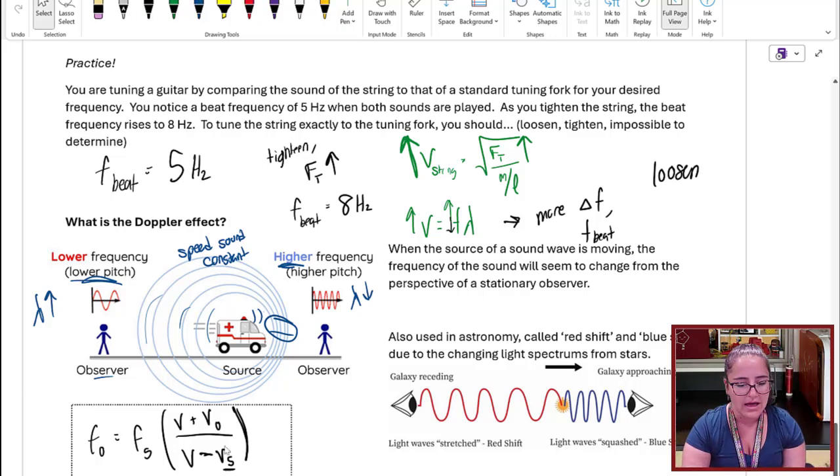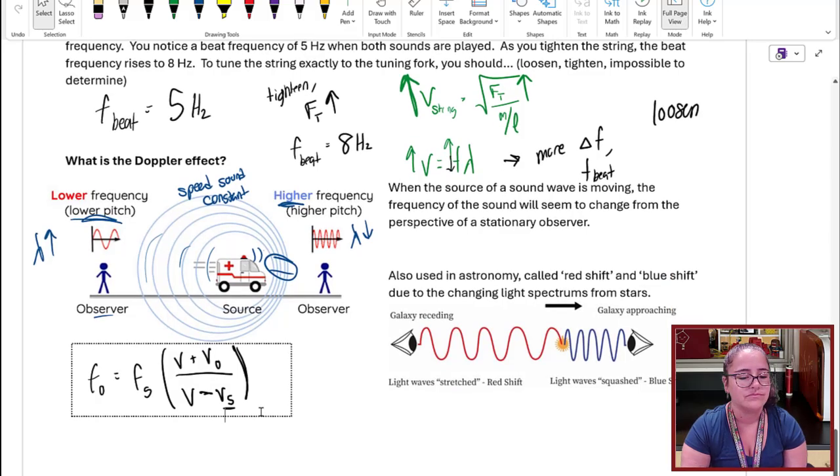So minus the velocity of your source to get the difference in how those velocities would be perceived. So the frequency that you observe will equal the frequency of the source times that ratio of the differences in the speeds.